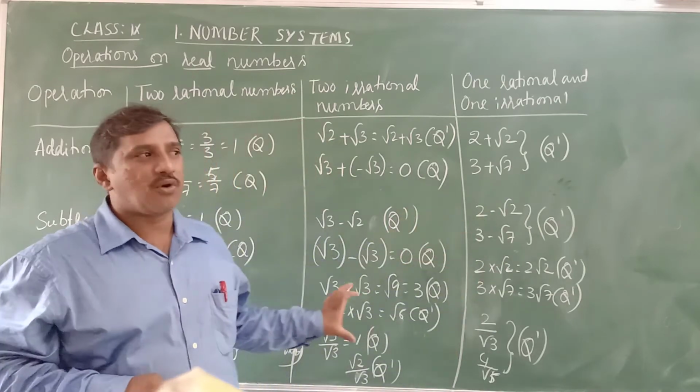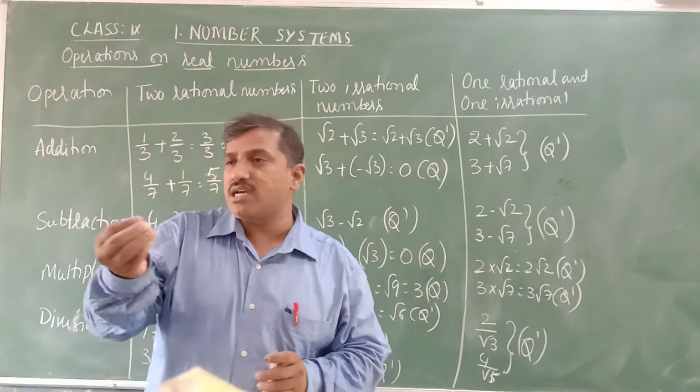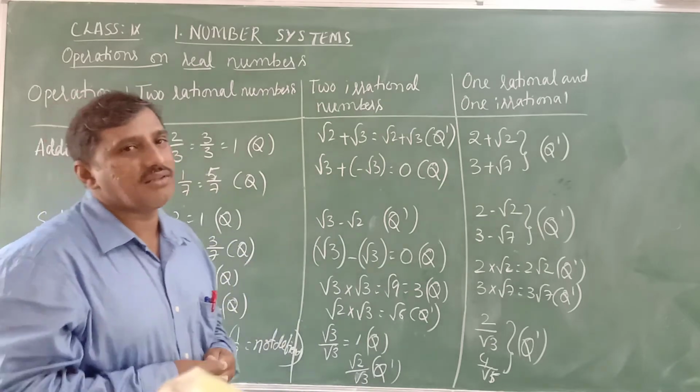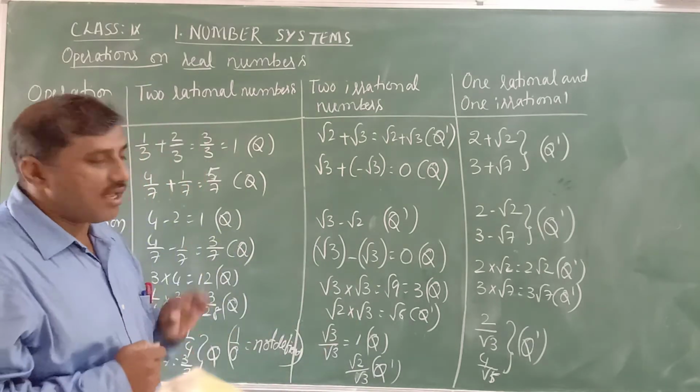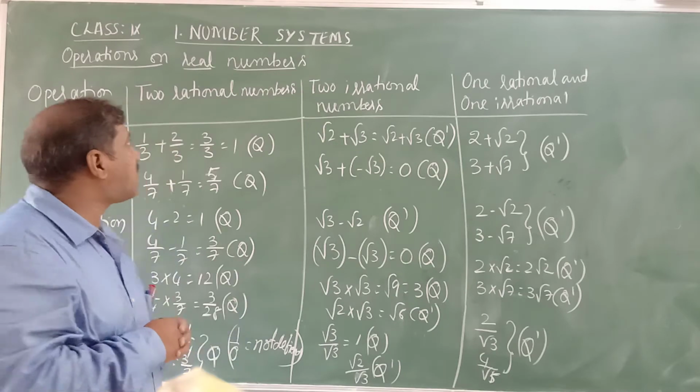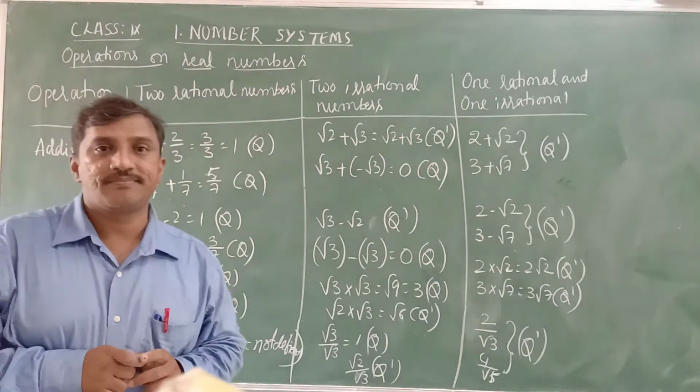So using this property, we can identify which of the following are irrational or rational. Is it clear, children? These are operations on real numbers.